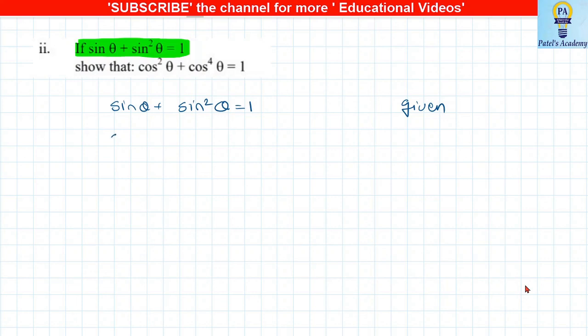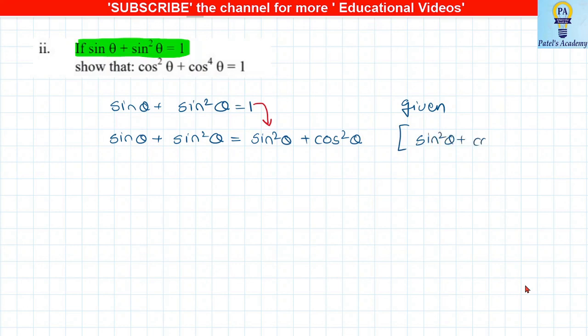Okay, so let me write the left hand side again. Sine theta plus sine square theta equals, now instead of 1, can I write the identity sine square theta plus cos square theta? The reason is that sine square theta plus cos square theta equals 1.